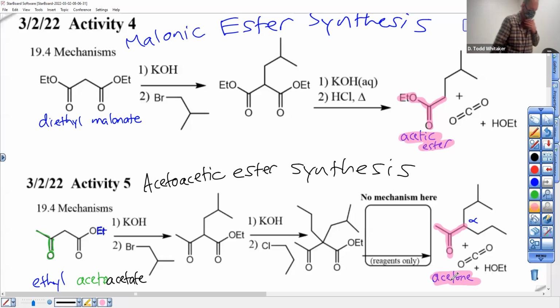And here we're doing the actual mechanisms, which are very straightforward. They take the alpha H, that's pKa 10. The whole beauty of these dicarbonyls is they have very low pKa's. We can get those H's off very easily. 10 is not a hard number to overcome.